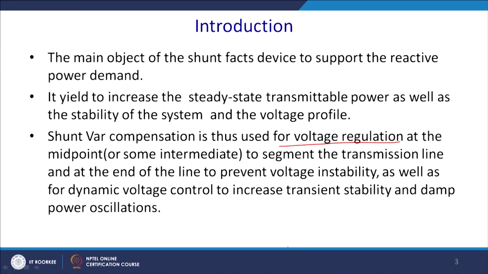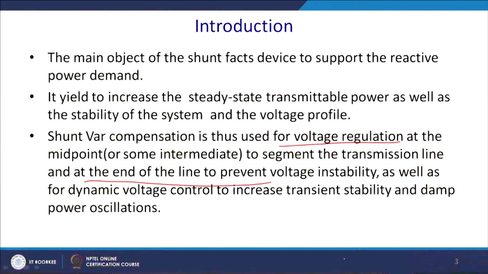We shall see in the next slides how it controls, or it may be placed at some intermediate position of the segment of the transmission line, and at the end of the line, to prevent instability, as well as for dynamic voltage control.